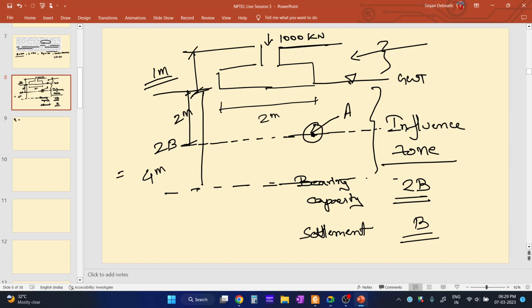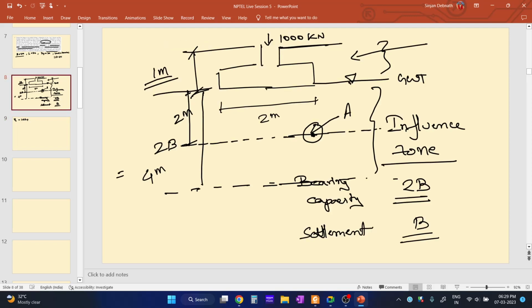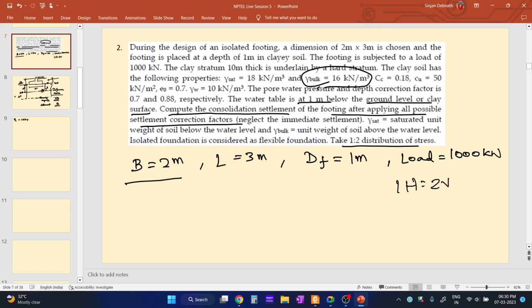So it will be 1 into 16, plus the thickness of this portion, that is 2 meter, multiplied by the submerged unit weight of this portion. Submerged unit weight means gamma sat minus gamma w. Gamma sat is 18 and gamma w is 10.